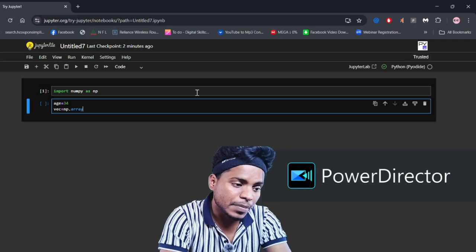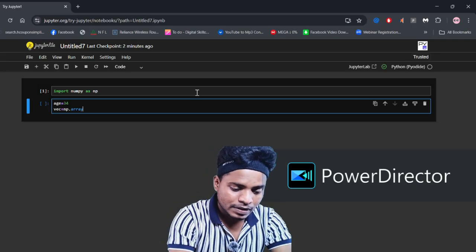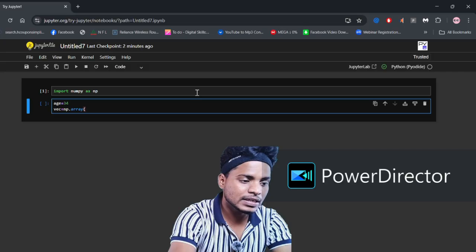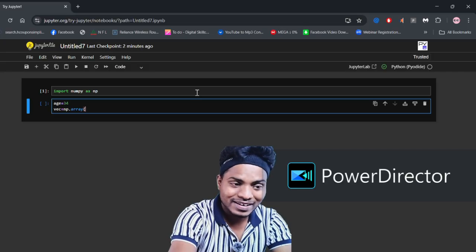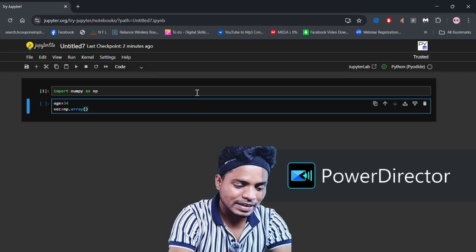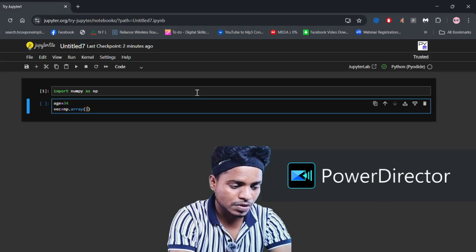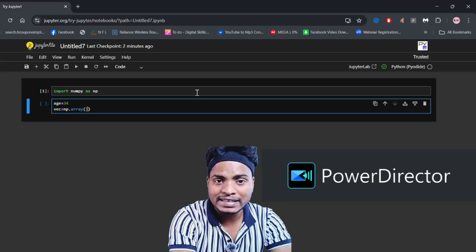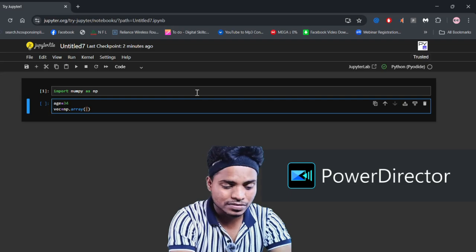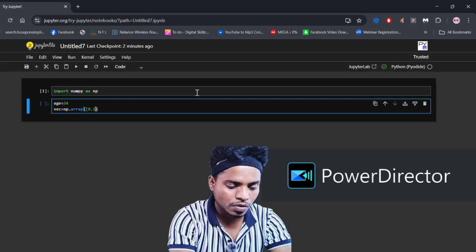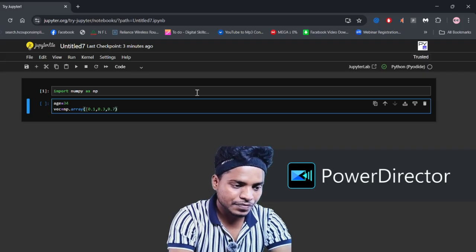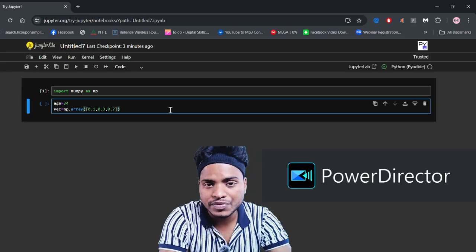Then open parenthesis, close it, then another bracket within that, then write the numbers. As an example of a vector: 0.1, 0.3, and 0.7. Now close the brackets. Now our vector has been created.